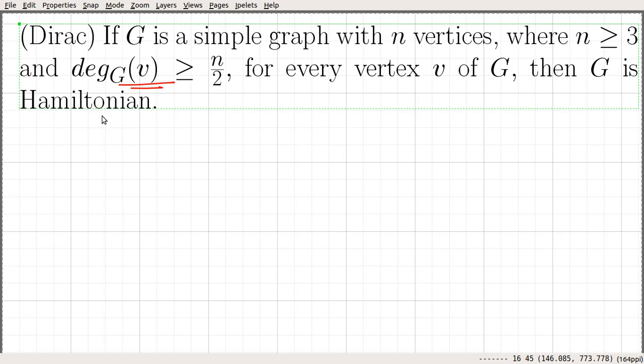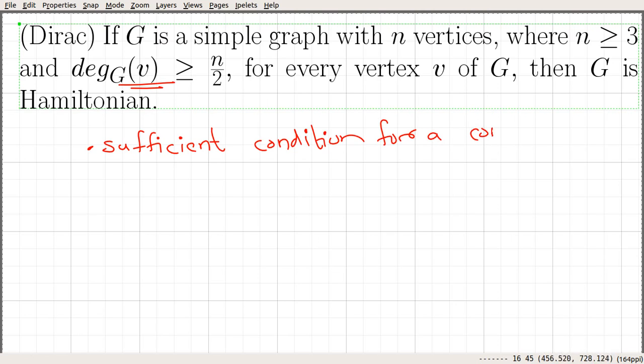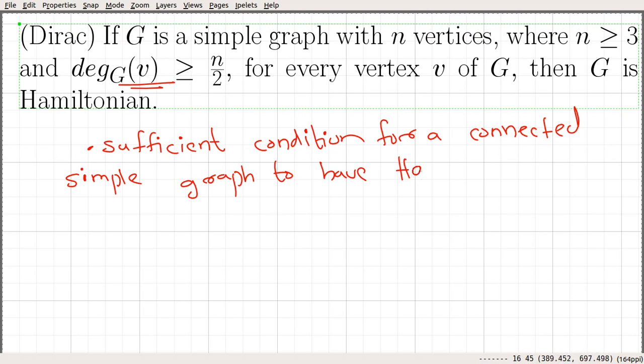Okay, so this statement is only a sufficient condition. It gives a sufficient condition for a connected simple graph to have a Hamilton cycle.